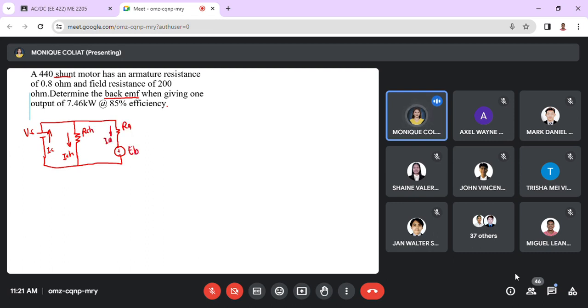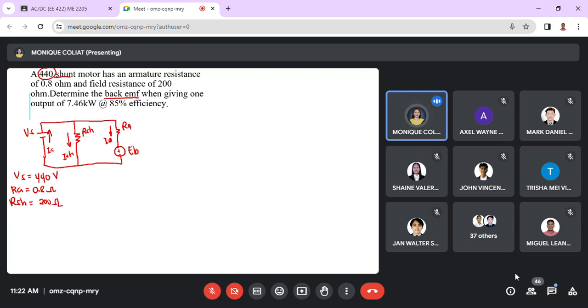Okay. So, our given: before, the given was VT, now it is VS. So, VS is 440 volts. Armature resistance is 0.8 ohm, and we have a shunt field resistance of 200 ohms.